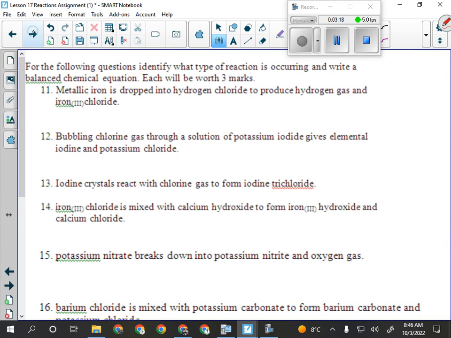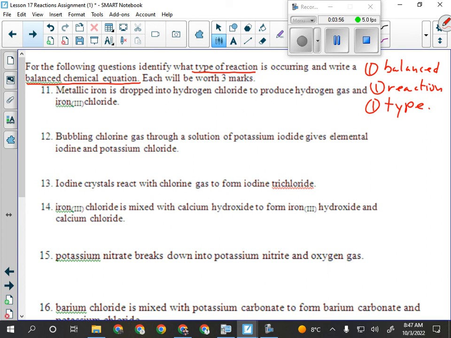The second set of 10. In the second set of 10, you are giving me the reaction type and a balanced chemical equation. The marks are 1 mark for it being balanced, 1 mark for the reaction being correct in formula form, obviously on this one, because you're being given the reactions in word form, you are writing it out in formula form, and 1 mark for the type.